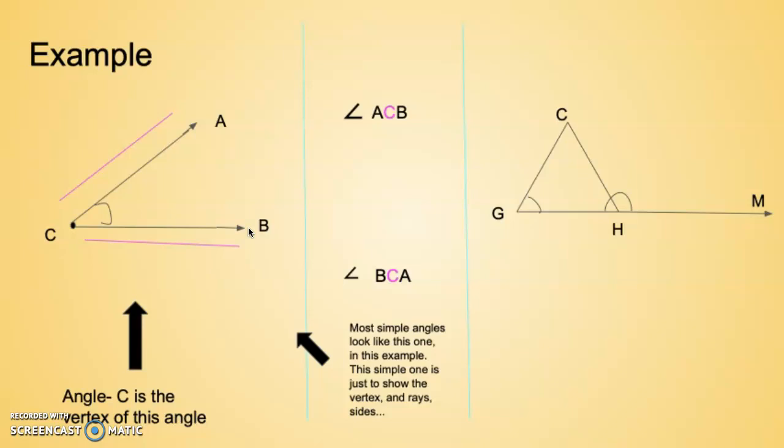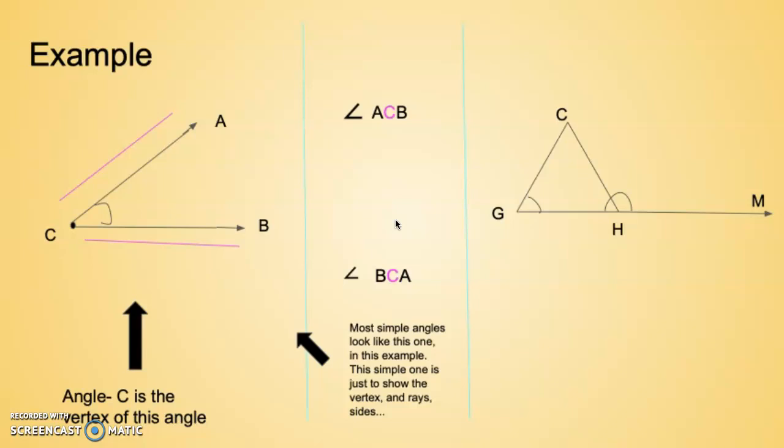In the next box, you can see that I highlighted C as pink. I made it a different color so we can emphasize that it's in the middle of these two. Most angles look like this, but I drew this one to show the vertex and the rays clearly.